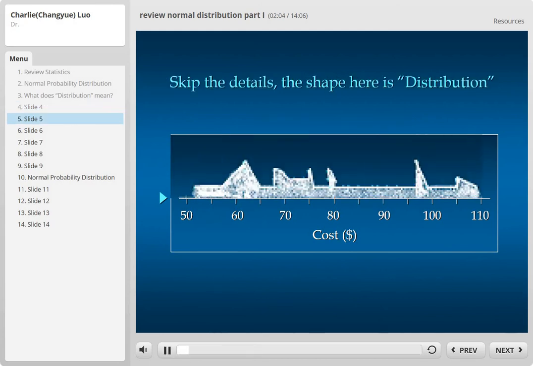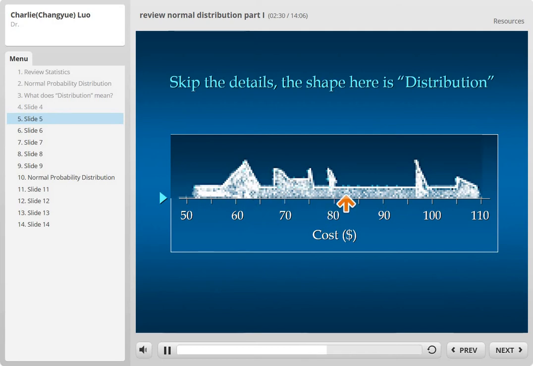If we line up all the dots on the top, and fill up the gap between those dots and this axis here, the line here, we see our shape looks like this.